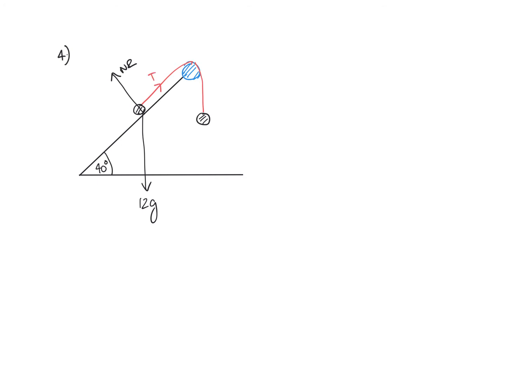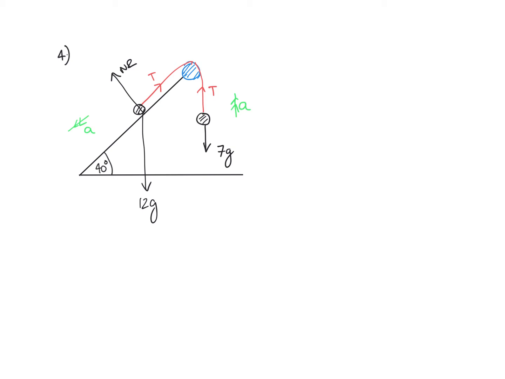And then for the second object, we've got a weight of 7g, tension here. And let's assume that when the system is released, the 12 kilogram block slides down the slope and the 7 kilogram block moves upwards like so.